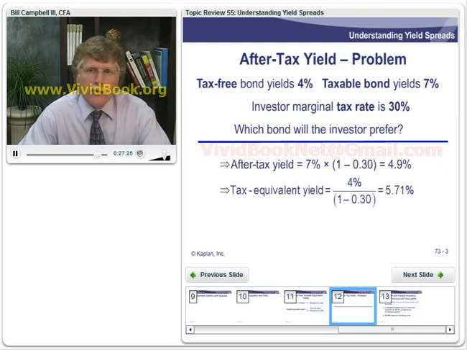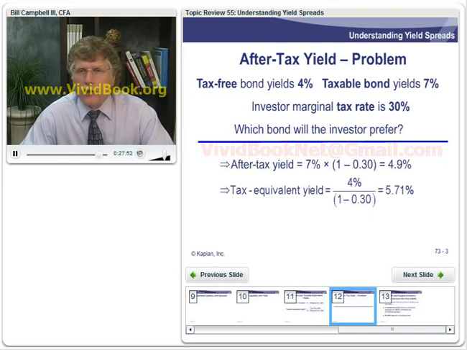So he's only keeping 70 cents out of every dollar, but he gets 4% when he keeps 70 cents out of every dollar. How much would he have to get before taxes to get to that? 4% divided by 0.7 gives us 5.71. So our tax-free yield of 4% is equivalent to a taxable yield of 5.71.